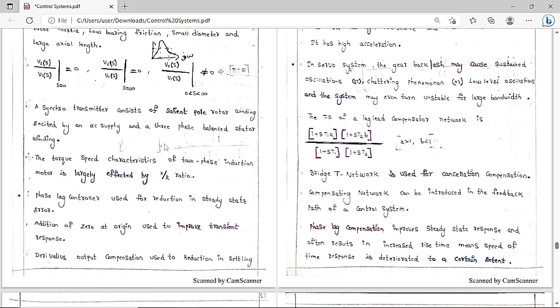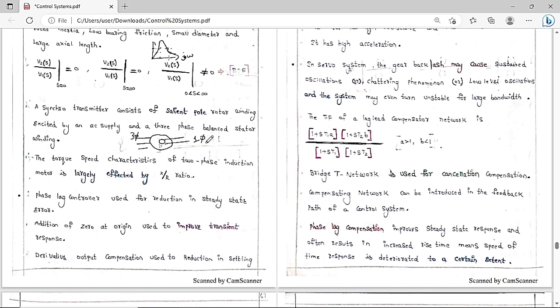I have already told you. In a synchro transmitter, basically the stator has a three-phase winding and the rotor has a single-phase winding. So this is a single-phase winding and this is the three-phase winding for a synchro transmitter.